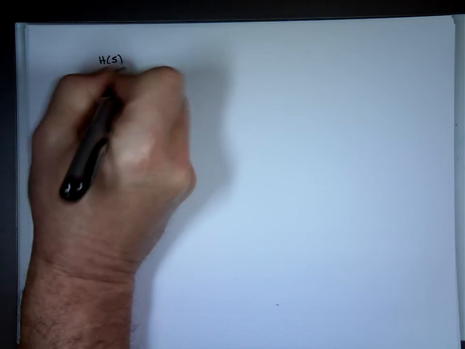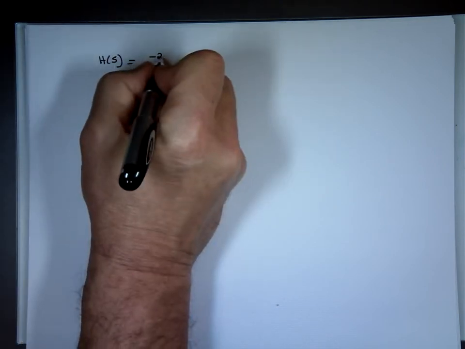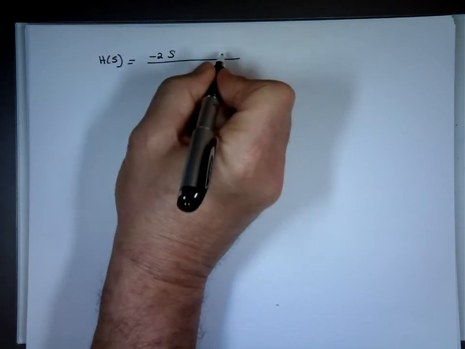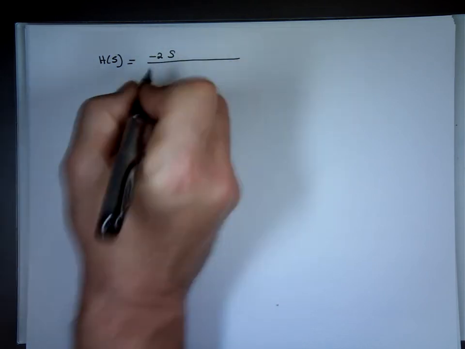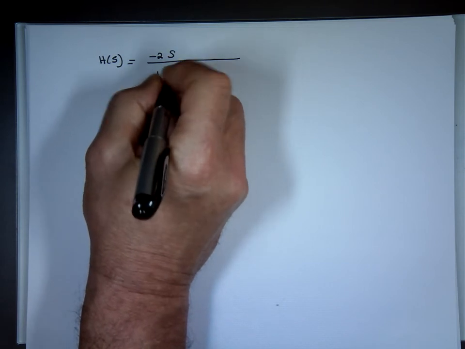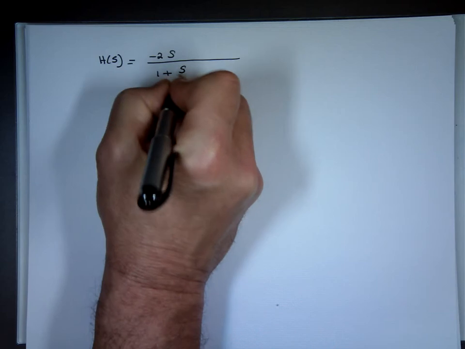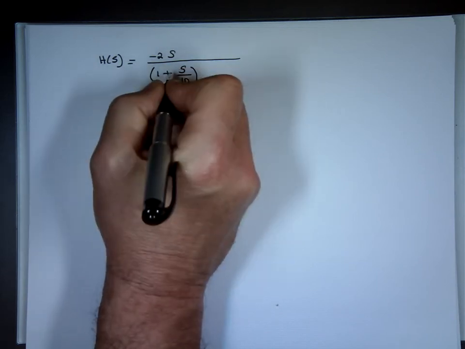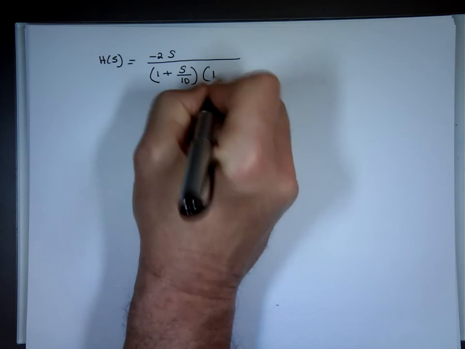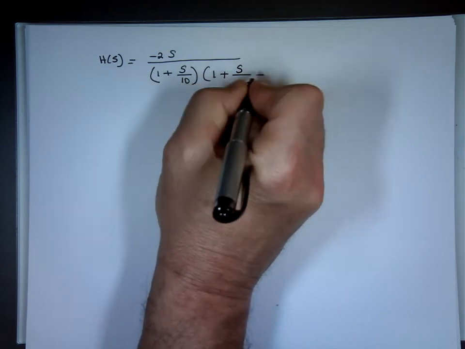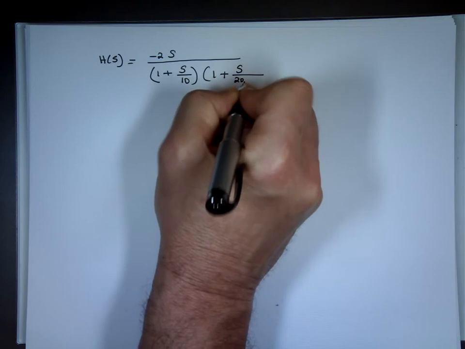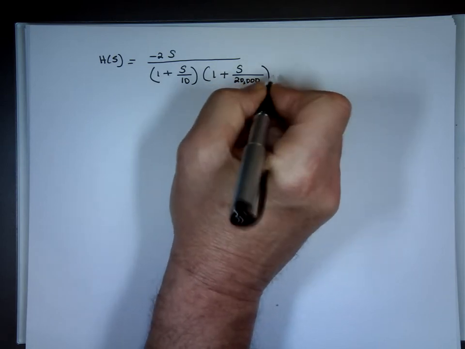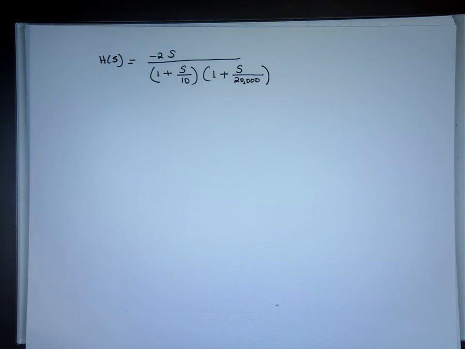I don't care what the circuit looks like, but you did the math, and your expression happens to be negative 2 times s over 1 plus s over 10, times 1 plus s over 20,000. And I want to do the Bode plot.